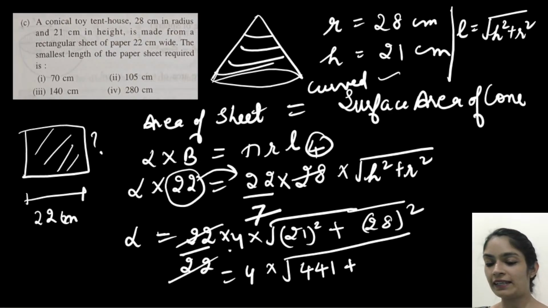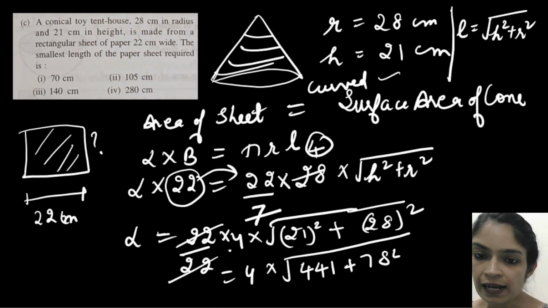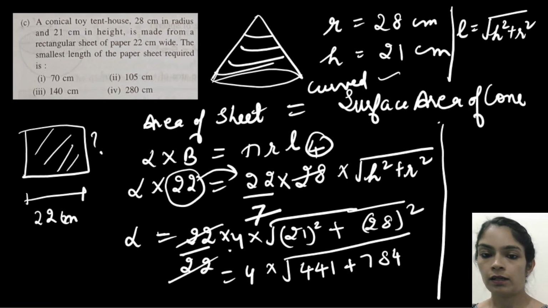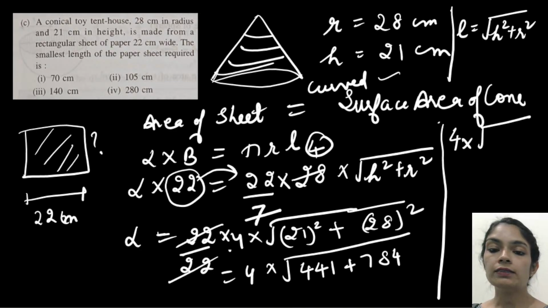What is the square of 28? 784. Now just add both of them. So 4 into this square root we can write. This 441 plus 784, if you add them, what will you get?